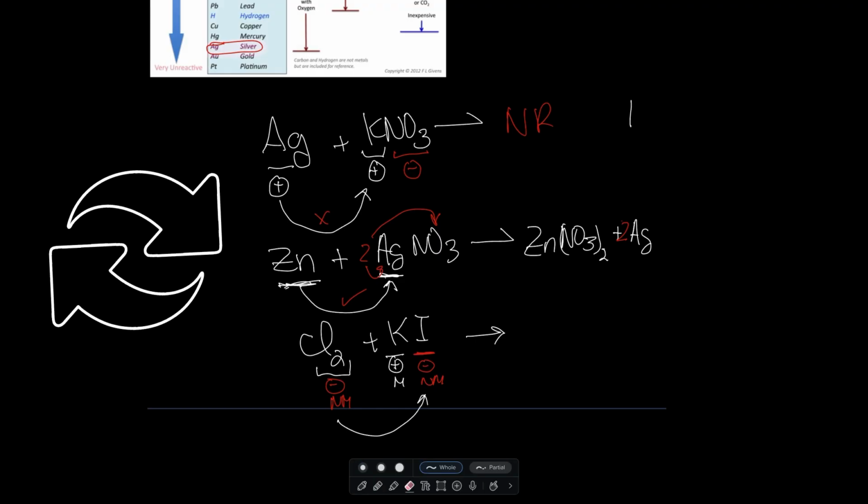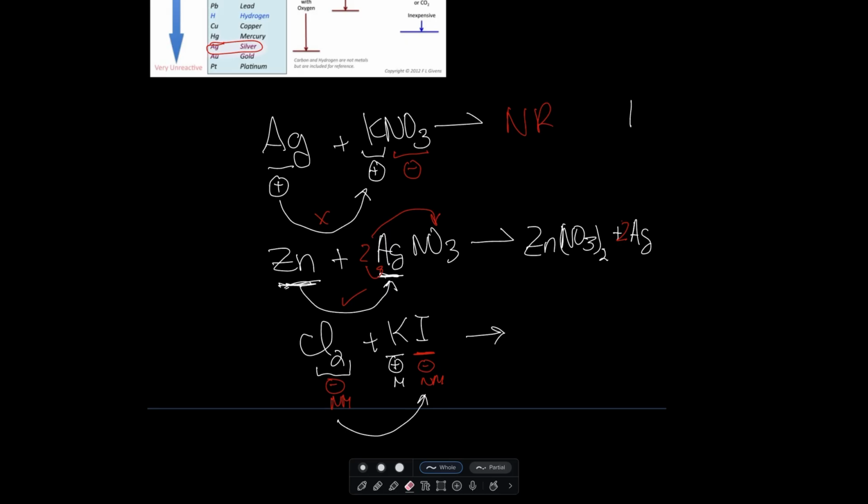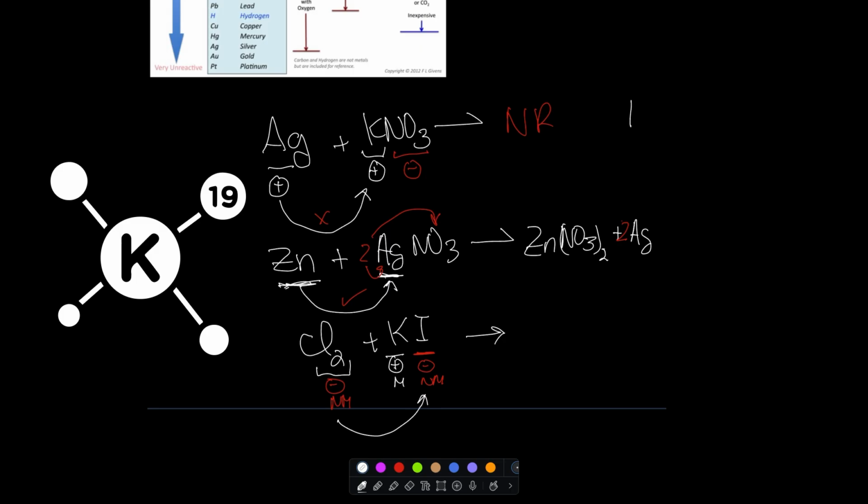So, again, if we look at the activity series, and I'm going to erase there, let's find potassium. We see that potassium is up there.